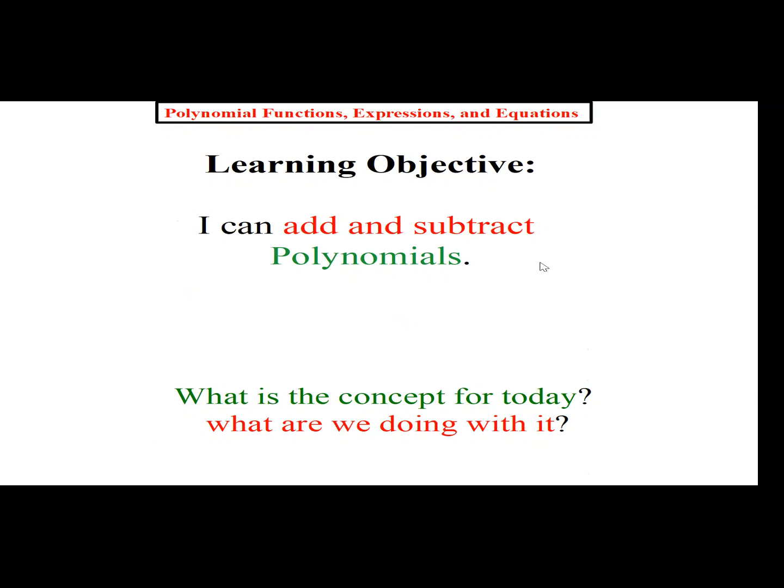So your neighbor, the concept for today, yes, polynomials. And today we're going to be moving on to addition and subtraction.